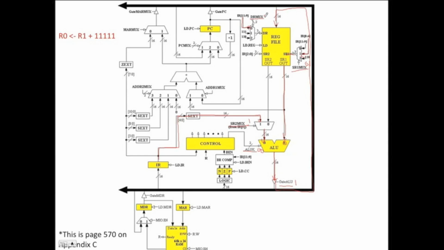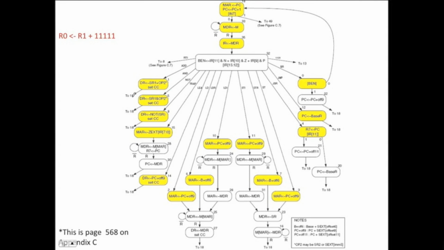The DRMUX needs to select 0, 0 to select this one to let DR be equal to this. And also we need to set LD.REG to 1 so that this data will actually be loaded. After that, we can see in the state diagram that the next state will go back to state 18, so the ADD instruction is finished.